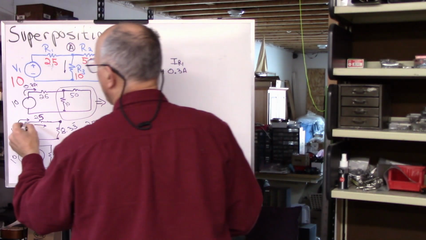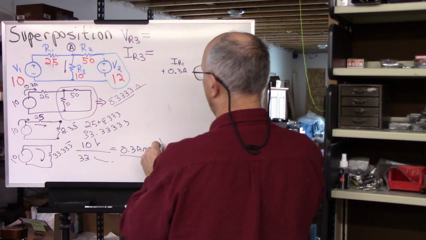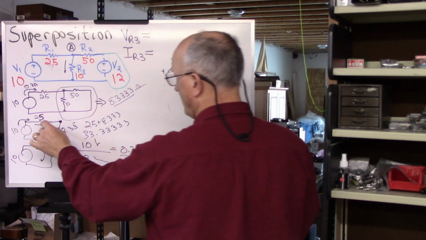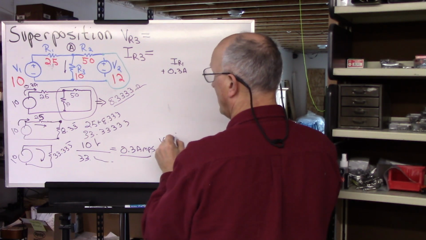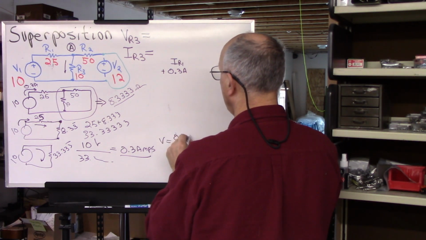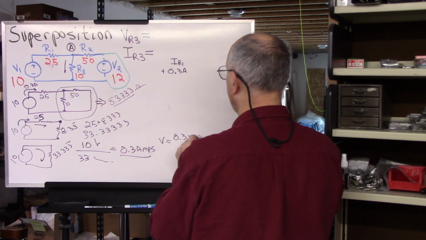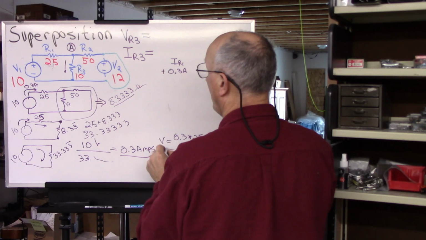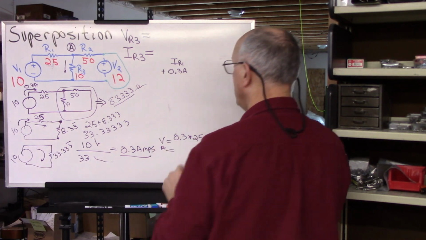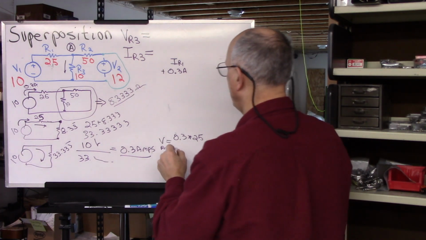So the voltage drop across this resistor is going to be equal to the current, which is 0.3, times the 25. So the voltage across R1 is going to be 7.5 volts.